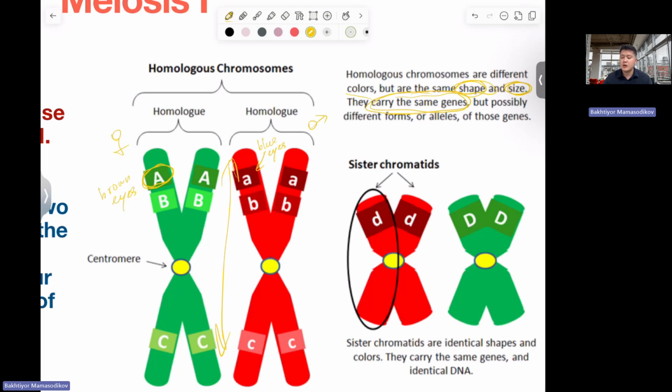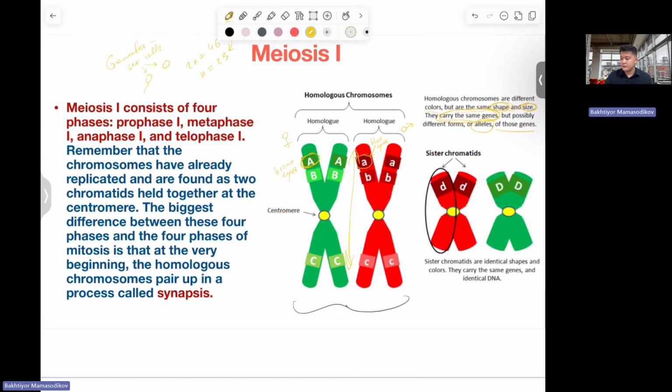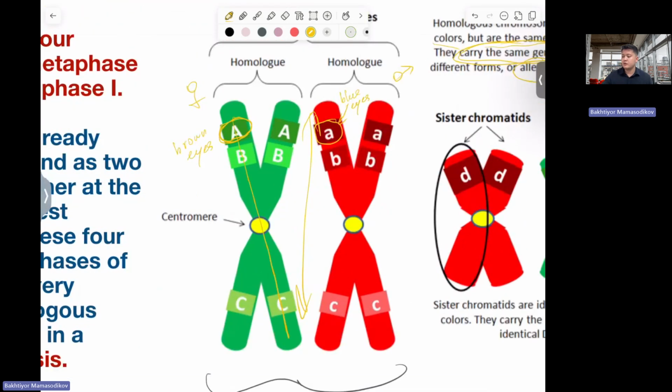They are homologous. They have the same gene in the same locus, the same location, but the difference is in their gene content. We call it alleles. So these are homologous chromosomes: two chromosomes which are identical in size, shape, and genes, but different in their alleles.